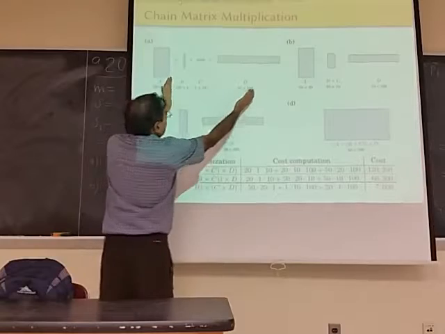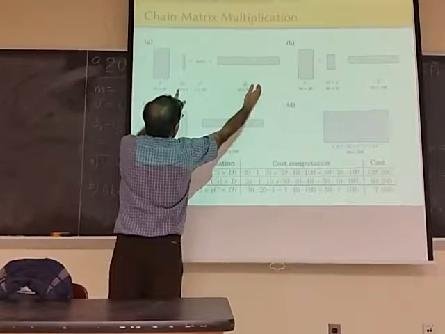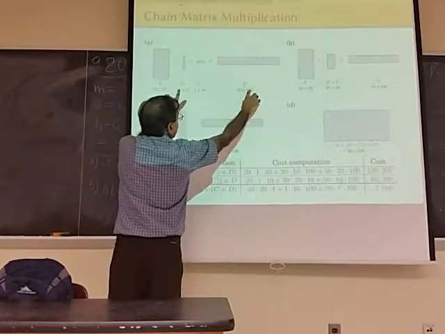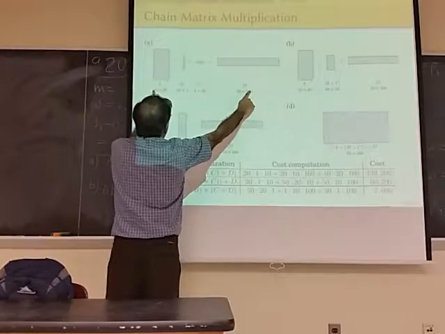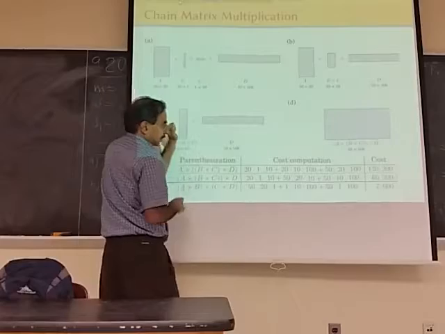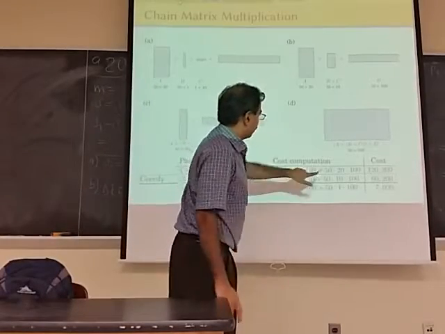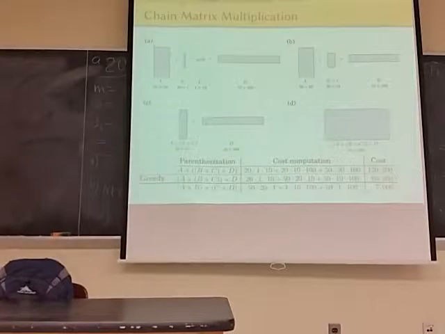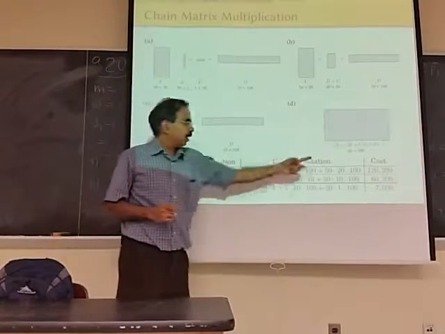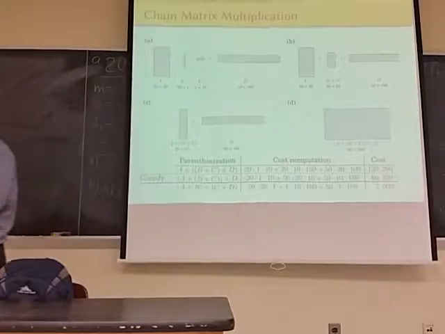And then you multiply that by this, so you have 50 times 20 times 100. That's 100,000 operations, right? So the total number of operations when you parameterize this way comes out to be 120,000.